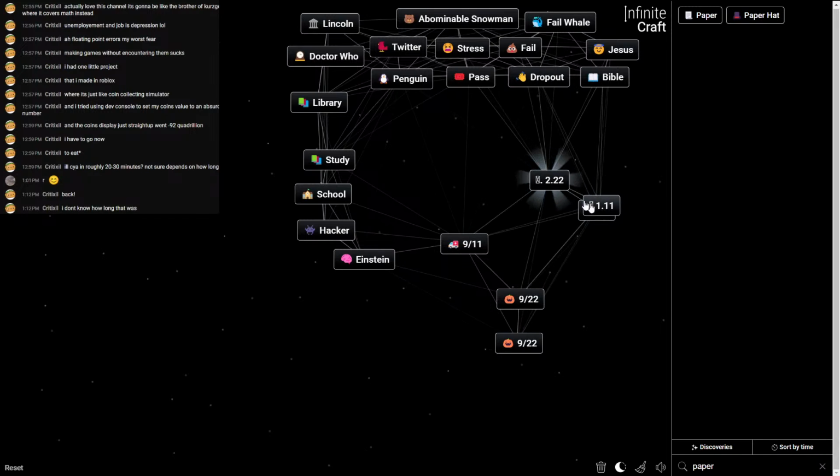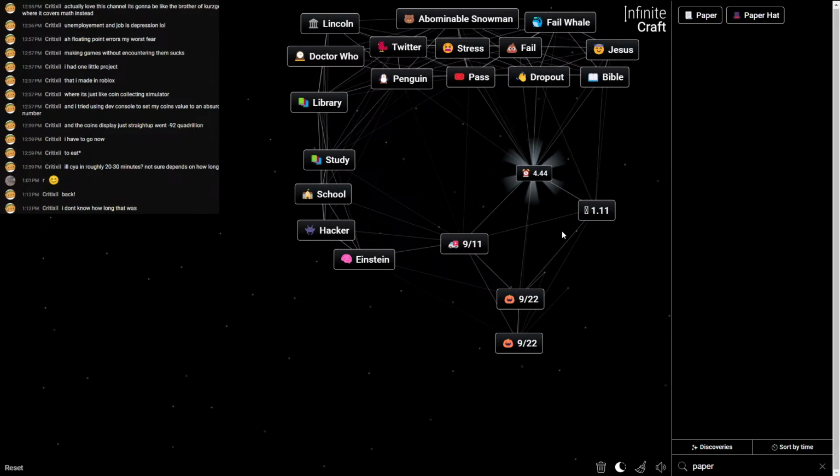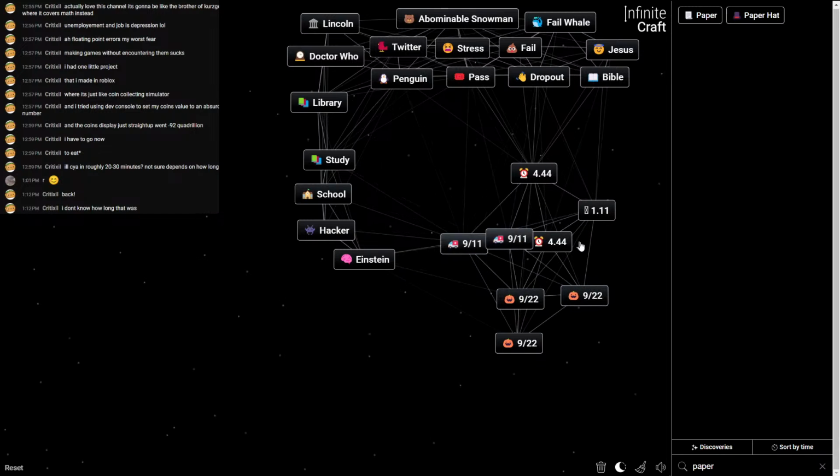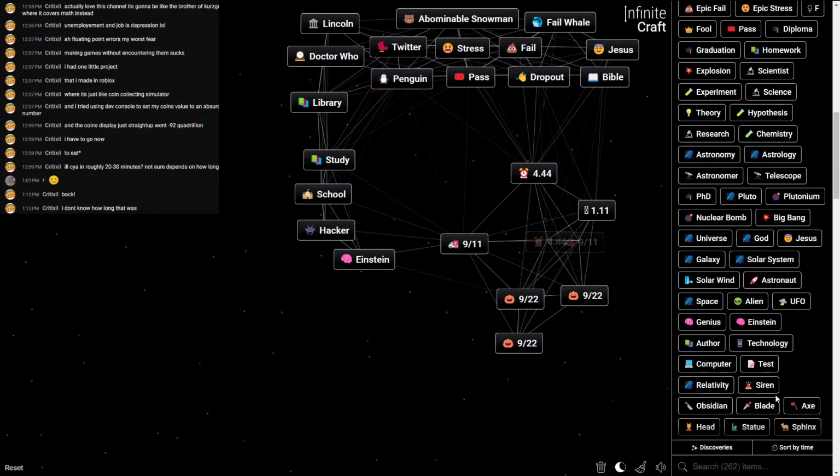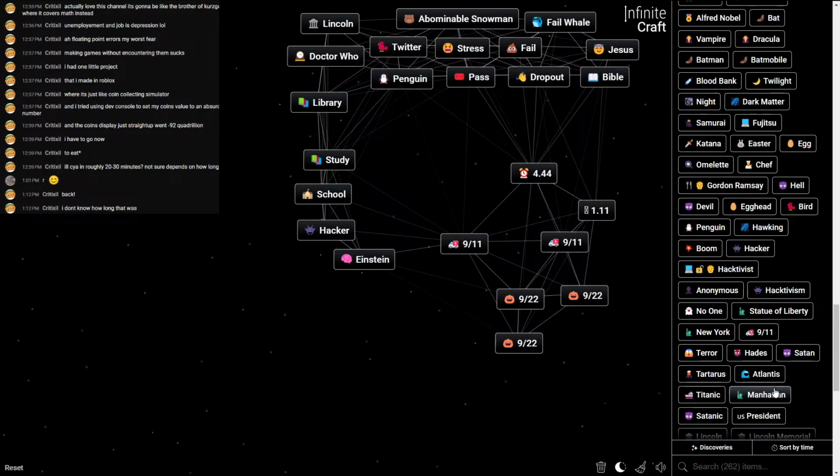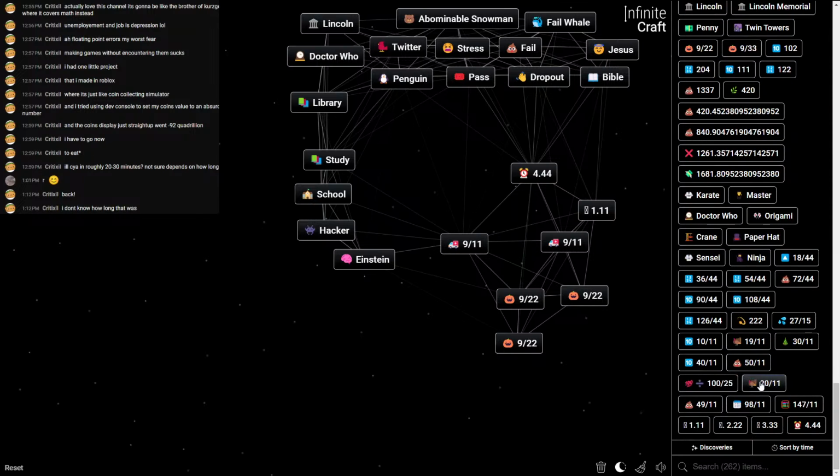1.11 is close. But maybe if I combine these, it would eventually get me close to pi. Because we're kind of close there. Because pi is 3.1415. Also, expect a Pi Day stream where I count digits of pi in a few days.